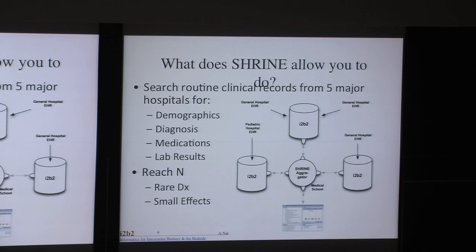So we need to be able to look at this in a larger fashion. This i2b2 system I just described has had wide adoption. Five of the hospitals affiliated with Harvard have adopted i2b2 independently.